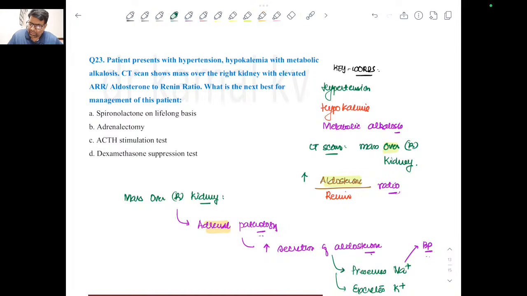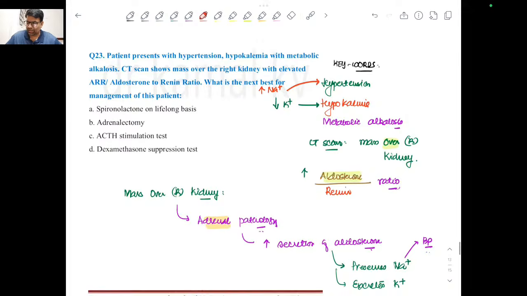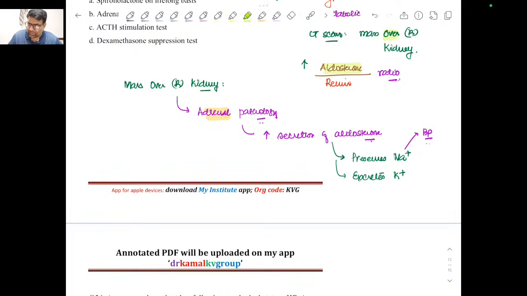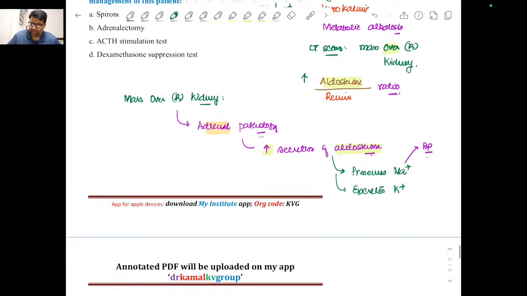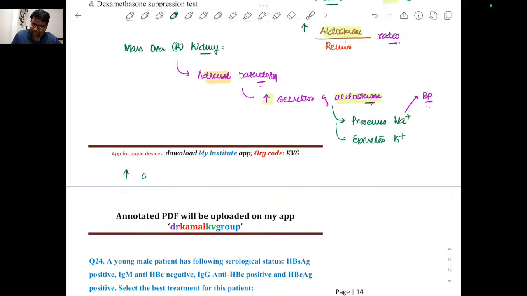The potassium is going down, resulting in hypokalemia. Sodium is more, and that is resulting in hypertension. So what is happening here? There is excessive secretion of aldosterone. This is one fact. Now, increased aldosterone secretion, how can it happen?